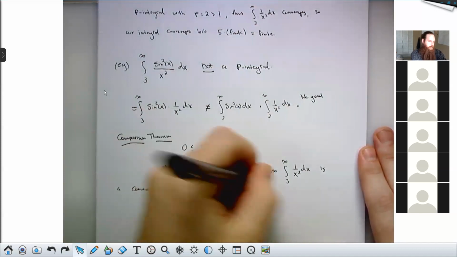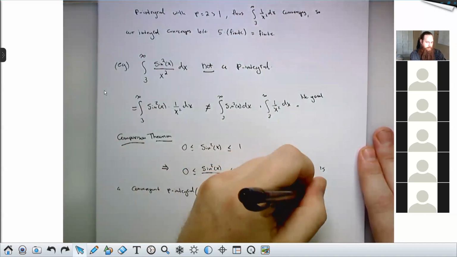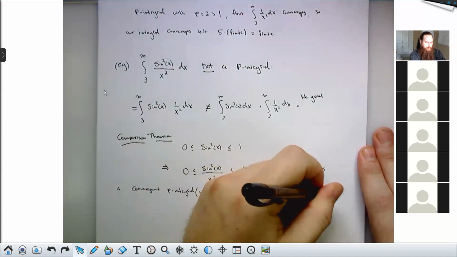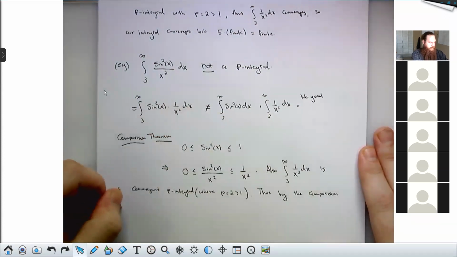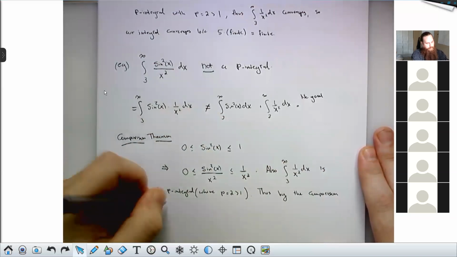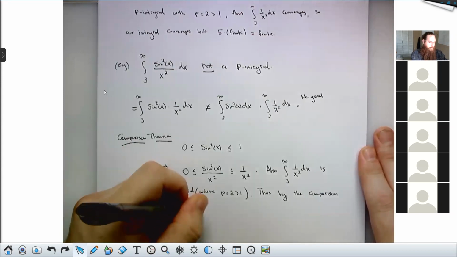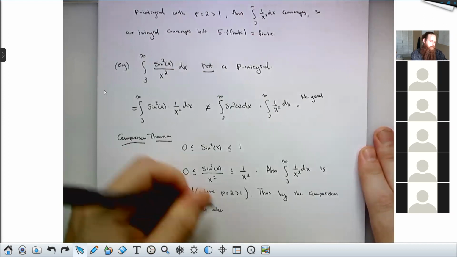Thus, by the comparison theorem, the integral from 3 to infinity of sine squared x over x squared dx must also converge.